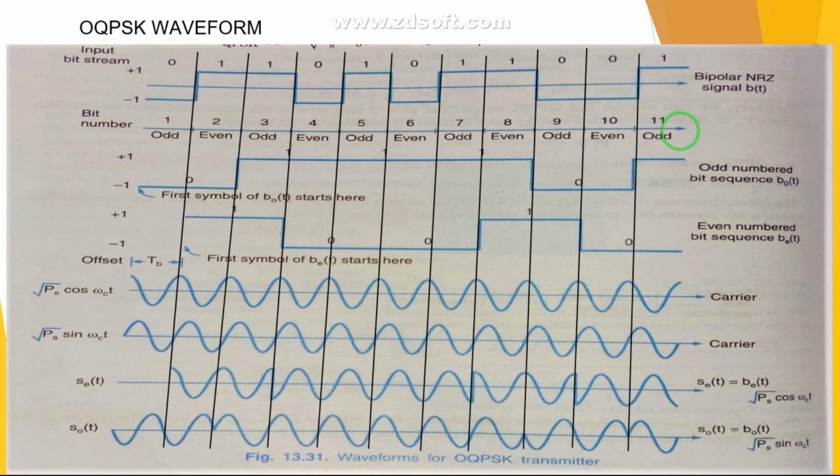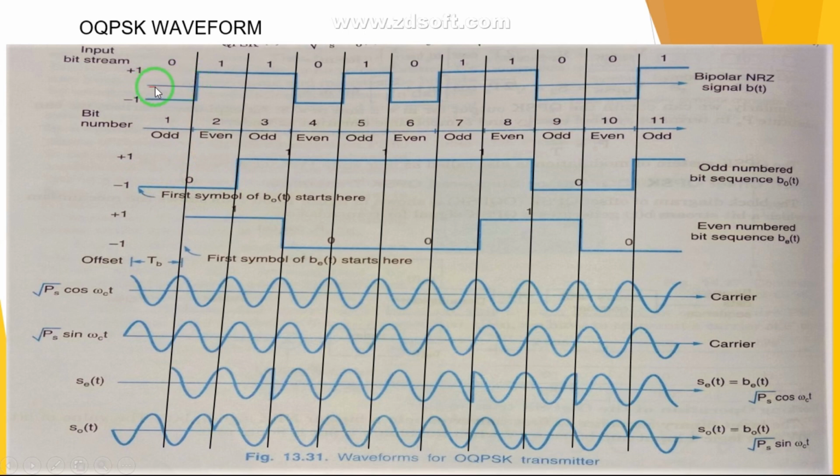Now, the duration of each bit is T_B. But you can see from this diagram that we have separated this b(t) into two streams, the odd-numbered bit sequence b_o(t) and the even-numbered bit sequence b_e(t). So you can see that each bit in the odd as well as the even bit stream is held for a period of 2T_B seconds.